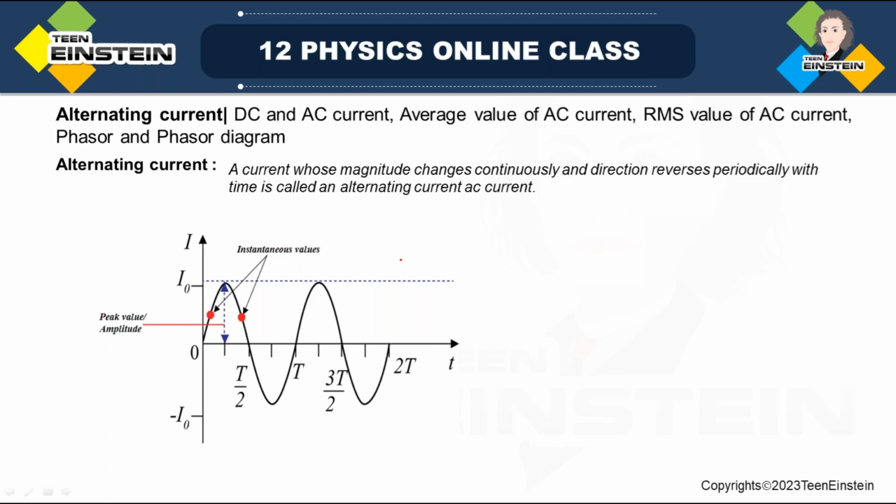Alternating current or voltage can be represented best by sinusoidal voltage or current, right? So if I say sinusoidal voltage, sine curve, let us say the sine function V0 sin omega t, this is actually a sinusoidal AC voltage.